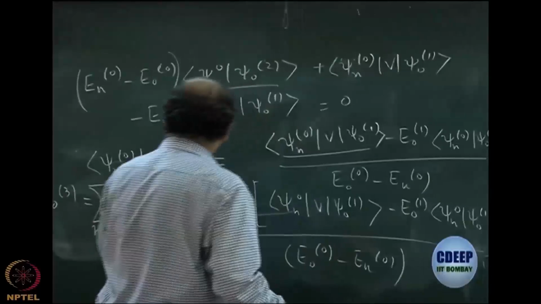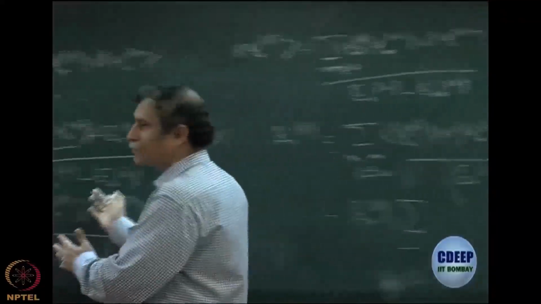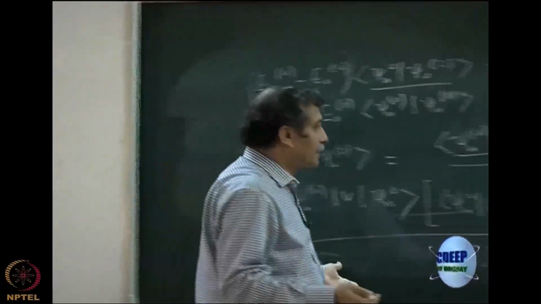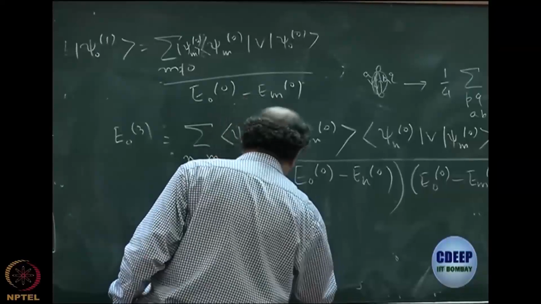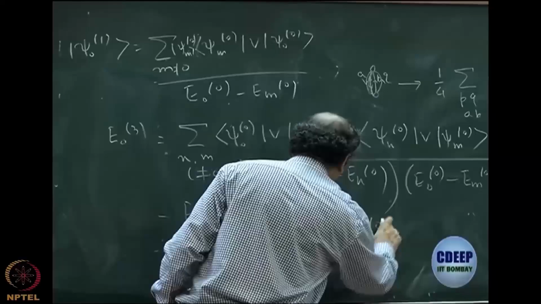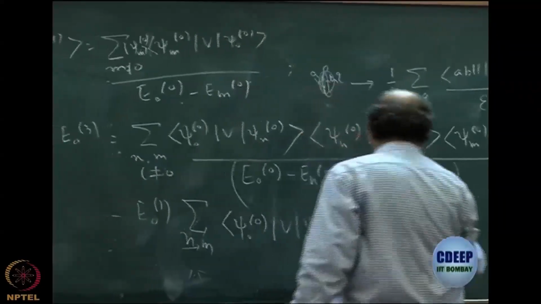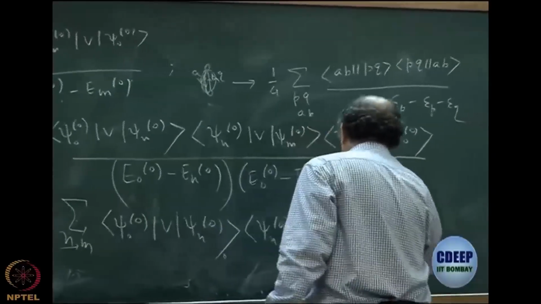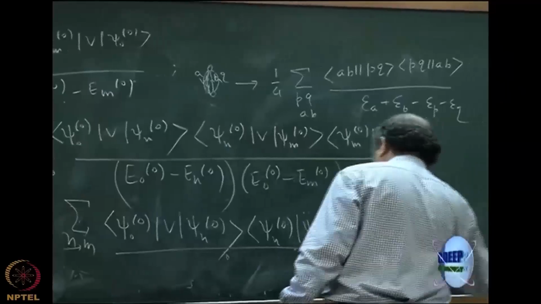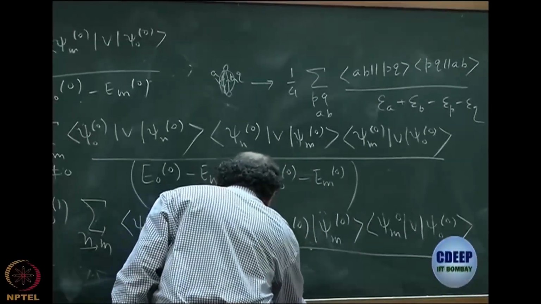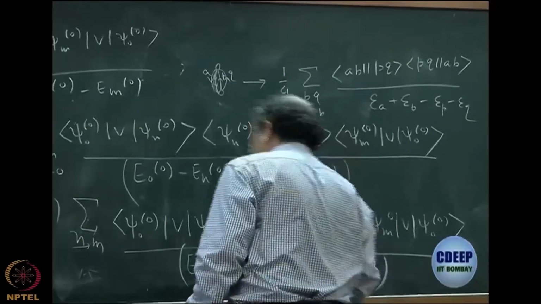E 01 is a number, so I can simply take it outside. So E 01 times, again there is a summation, a sum over n, sum over m, and then I have psi 0 0, V psi n 0, which is the first term, multiplied by this, into psi n 0, and now I write psi 0 1, which is psi m 0, V psi 0 0, divided by again these two denominators. Correct?